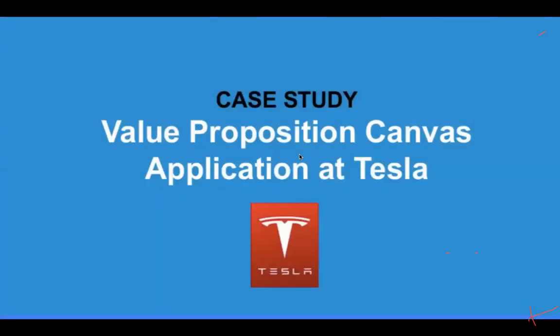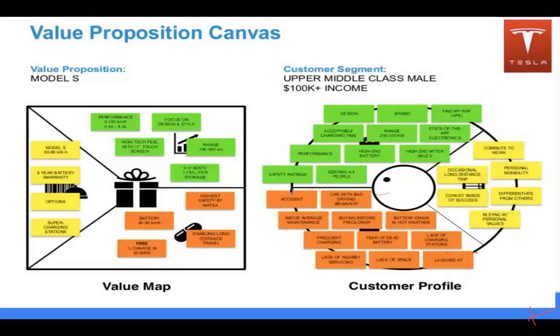Case study. Let me go to the case study. The value proposition canvas application at Tesla. These are guys who are making cars. These are sticker papers which I've been telling you. We design this and this side. Let me start with the product they have.